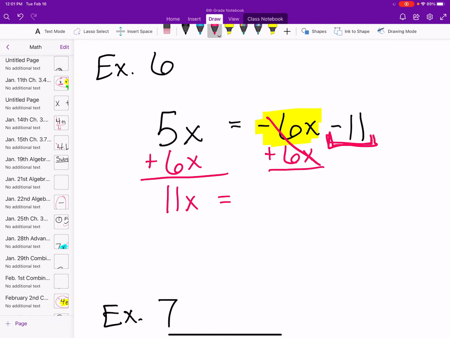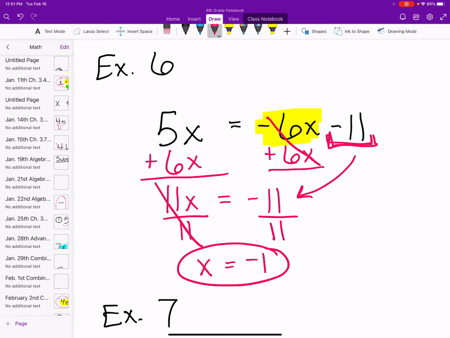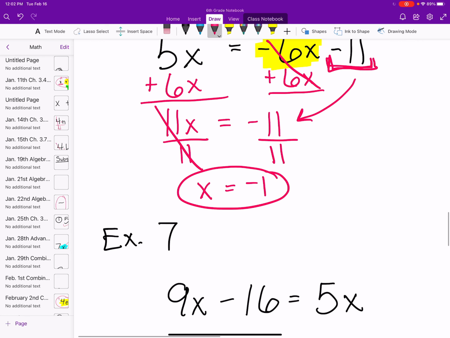So 11x is equal to negative 11. I just brought my negative 11 down. Now I have 11 times something equals negative 11. If I want to, I can divide on each side by 11. And I have x is equal to negative 1. I only had one negative sign, so that means my answer is negative.